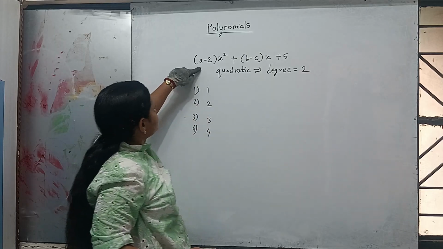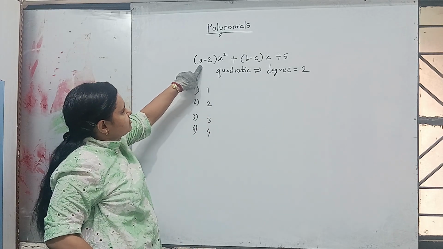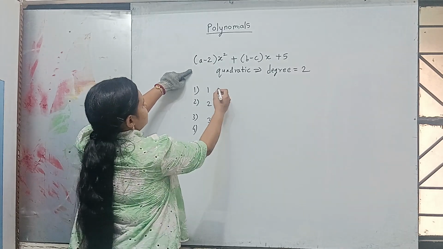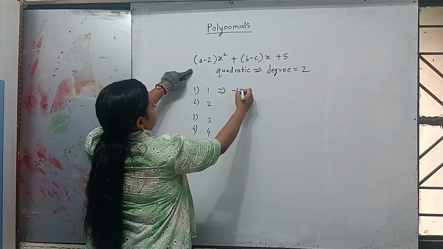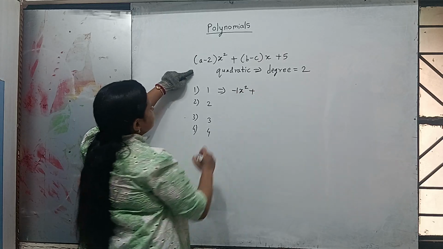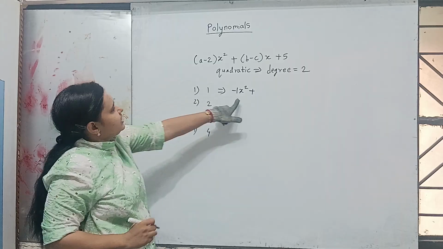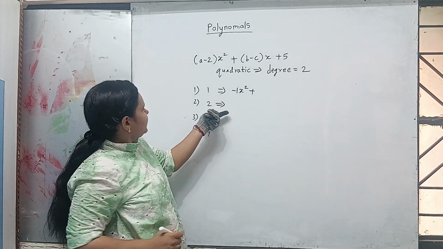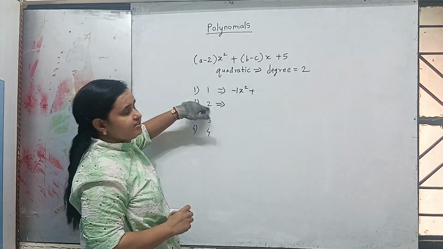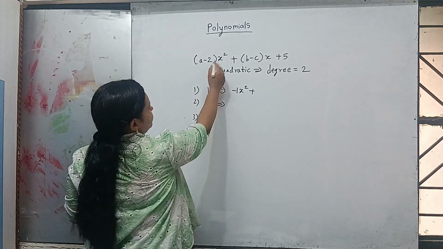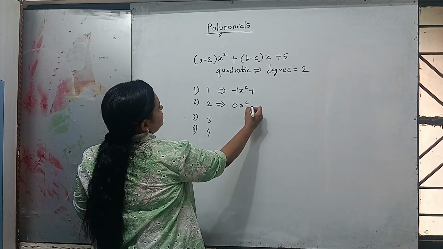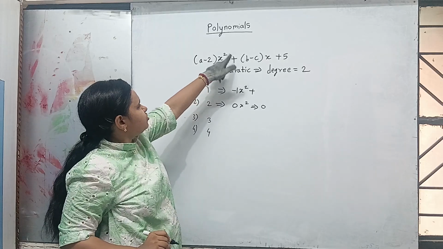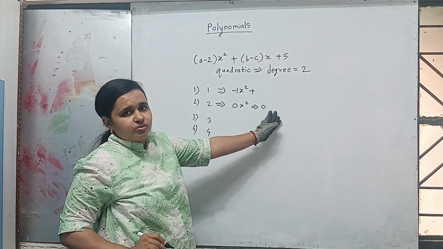If we put a as 1, what we will get? 1 minus 2, minus 1 x square plus. Here we get degree as 2. If we put a as 2, what we will get? 2 minus 2, what it will be? 0 x square. That means 0. But if we want degree as 2, we get 0 here.